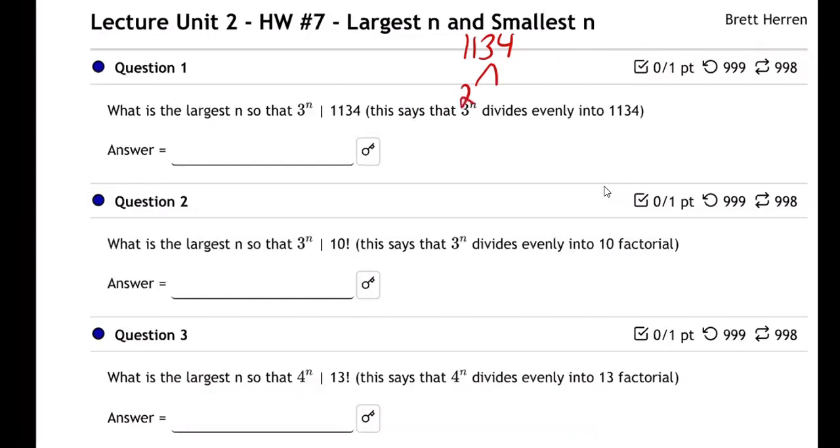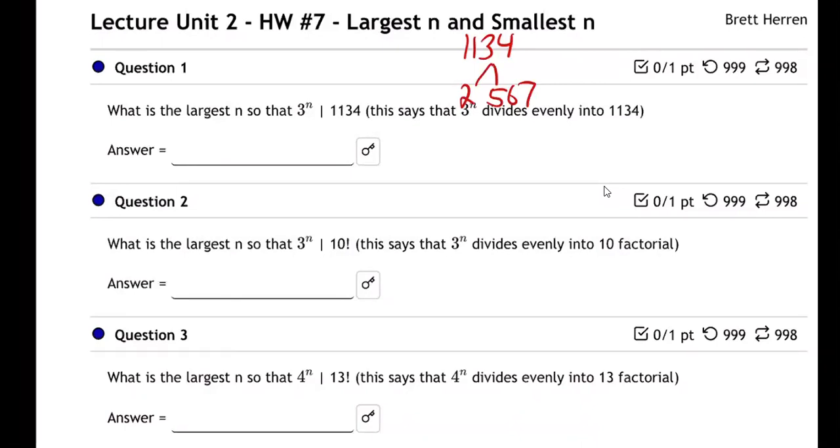Well, it's 2, so I'm going to take 1134 and divide by 2. It's 2 times 567. I knew 2 went in because 1134 ended even, right? So when something ends with an even number, it's divisible by 2. So now I've got 567.